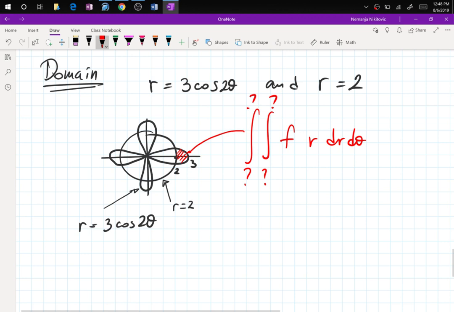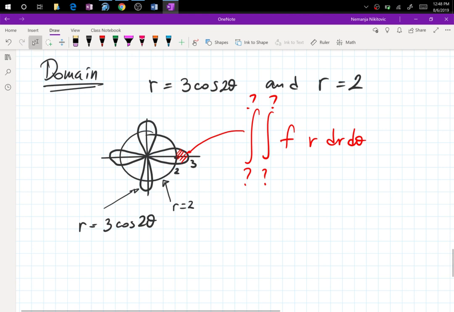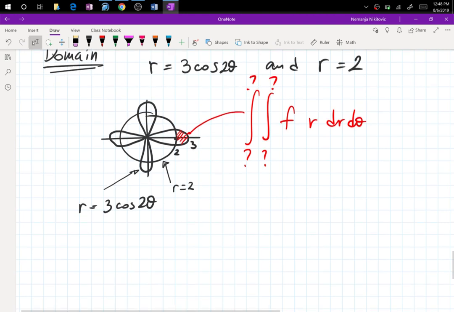You are not looking for the entire flower, therefore you cannot use 0 and 2 pi. And you clearly have flower function minus the circle function, so the flower is going to go on top, the circle is going to go on the bottom. So to find theta, let's put theta limits.